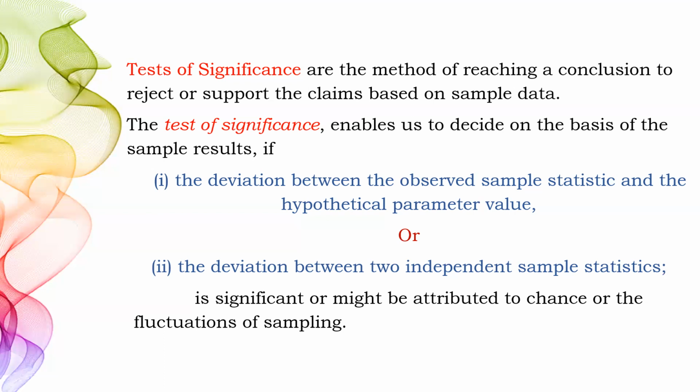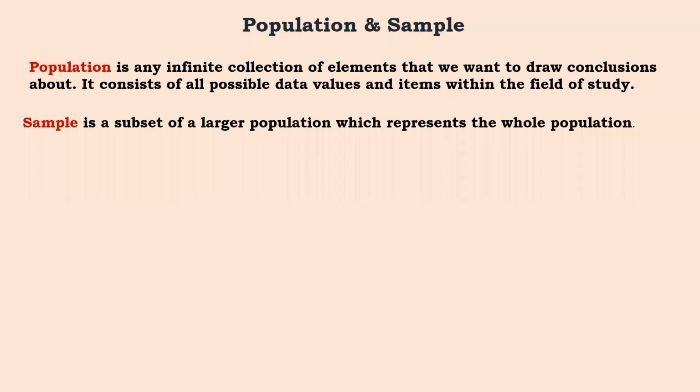Next, we'll see what population and sample mean. A population is any infinite collection of elements that we want to draw conclusions about. It consists of all possible data values and items within the field of study. So, a population means it is a whole value. Next, we'll see what sample means.